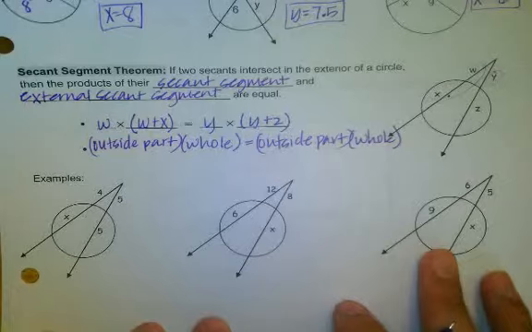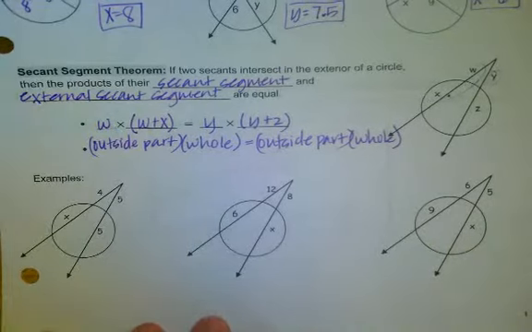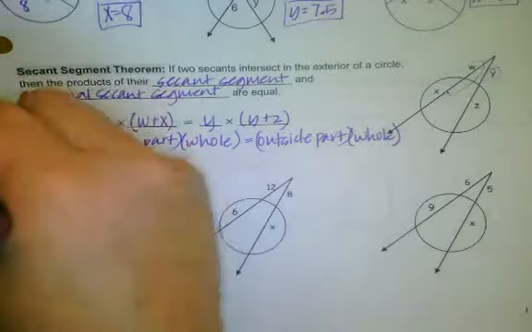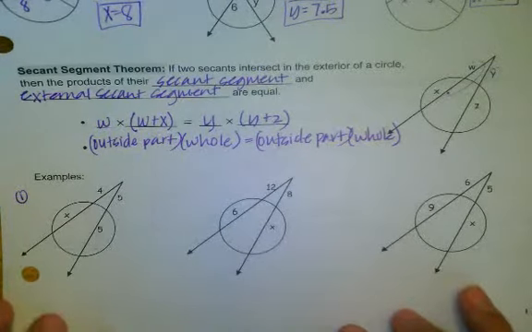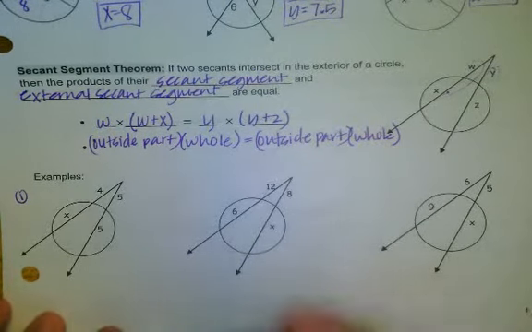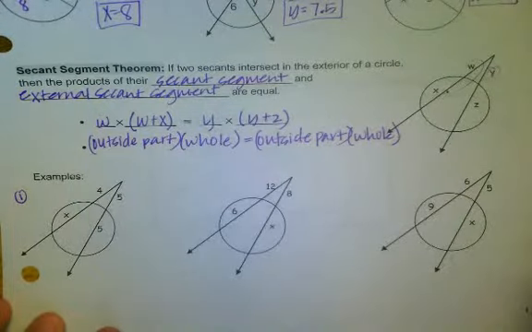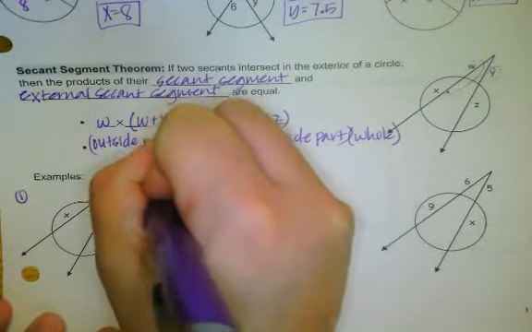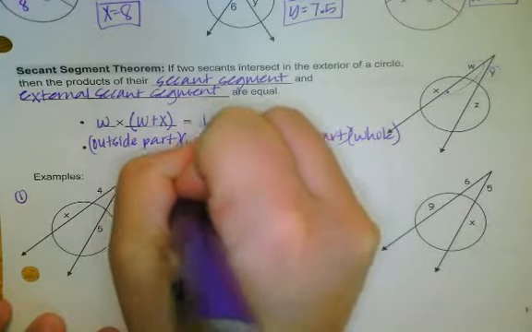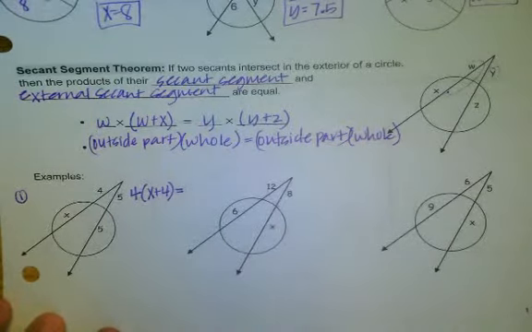Okay. So, looking at our first example, example 1, how would I set up my equation? 4 times x plus 4 equals, yes, 5 times 10.